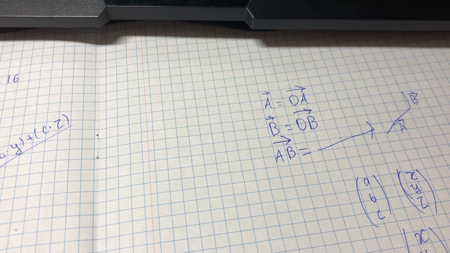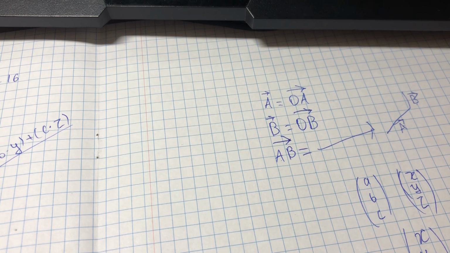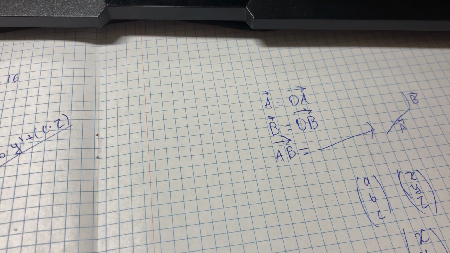Let me show this in numbers. For example, if B is 1, 2, 4 and vector A is 3, 6, 2, you just subtract and you get not the magnitude, but the vector AB. So it's 1 minus 3, it's negative 2, 2 minus 6 is negative 4, and 4 minus 2 is just 2.